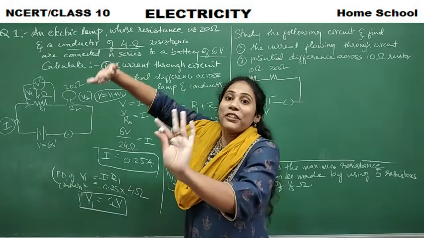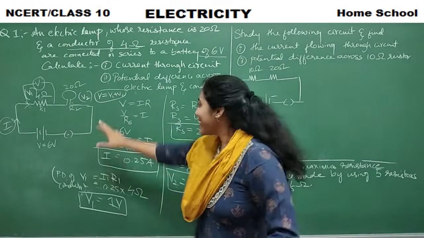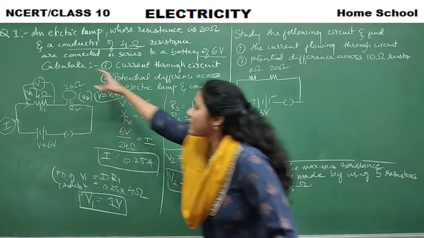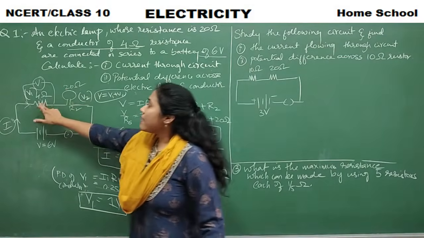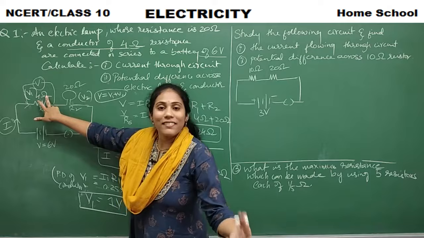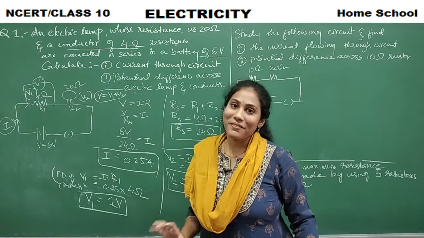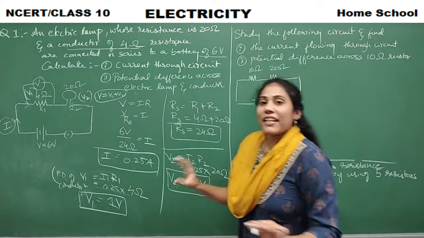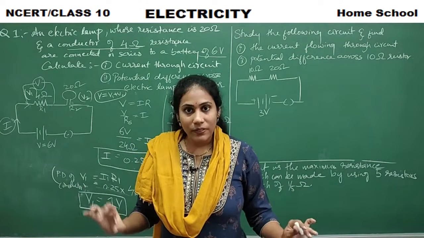More is the push that you require to overcome that disturbance, isn't it? You got 5 volts here because this lamp has more resistance. You got 1 volt here because this particular resistor has a resistance of only 4 ohms, right? This is how you have to cross check your answers, and this is how you have to apply your knowledge also, right?